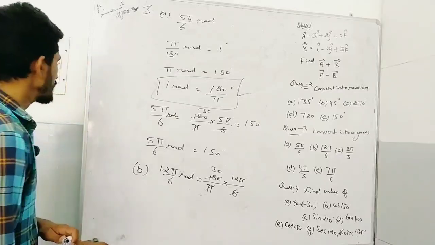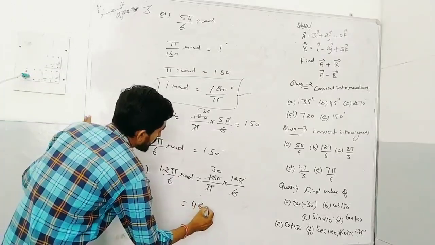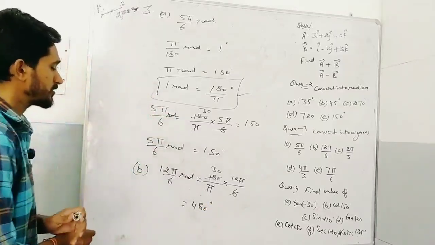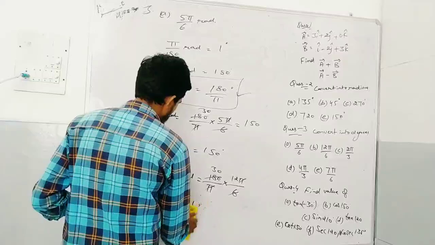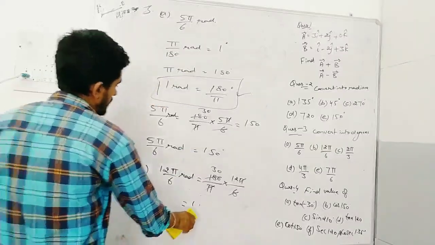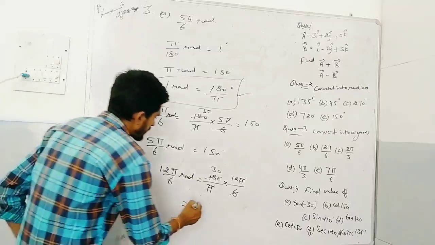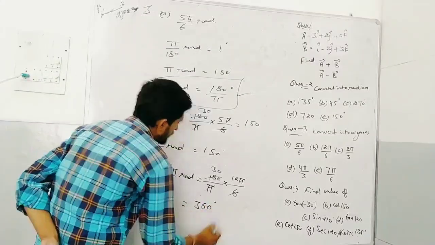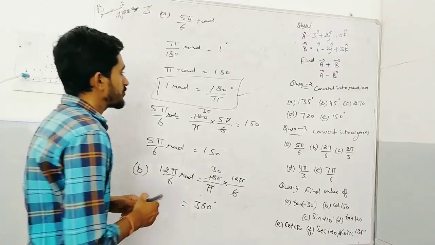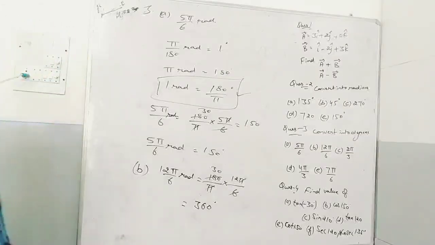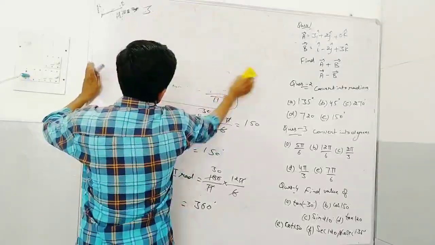This becomes 12 into 30, which is 360. Sorry, 360. This becomes 360 degrees. What is next? 2 pi upon 3. Next part.